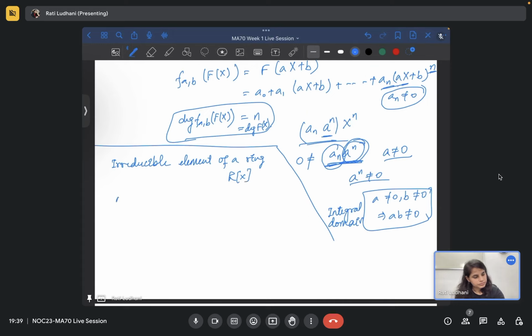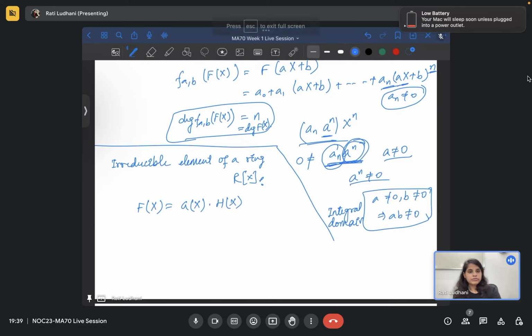means, for any ring, so I can write S if you want. An irreducible element of a ring S means, I'm writing in R[x] only right now, if you write f(x) as g(x) times h(x), then one of them has to be a unit.